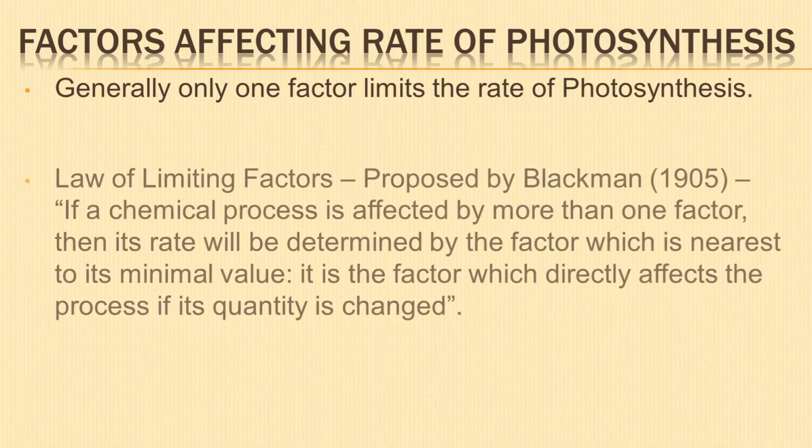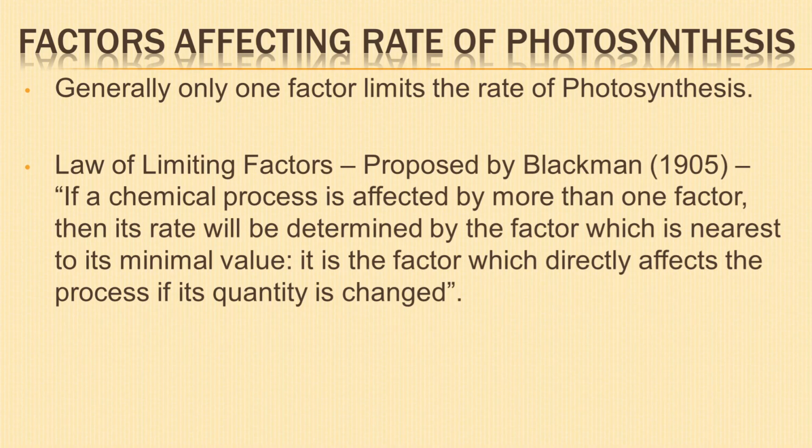In 1905, Blackman proposed the law of limiting factors, which states that if a chemical process is affected by more than one factor, then its rate will be determined by the factor which is nearest to its minimal value. It is the factor which directly affects the rate if its quantity is changed.